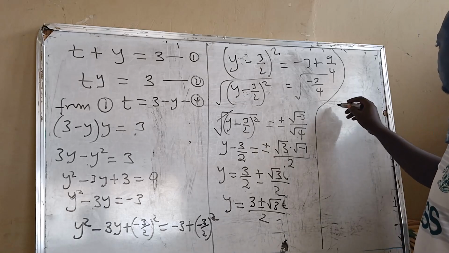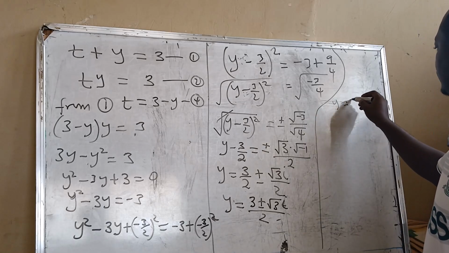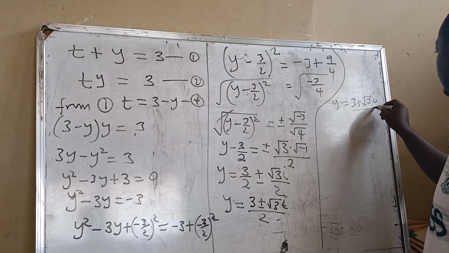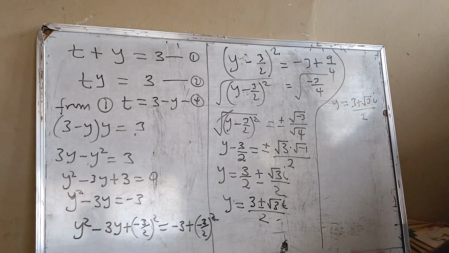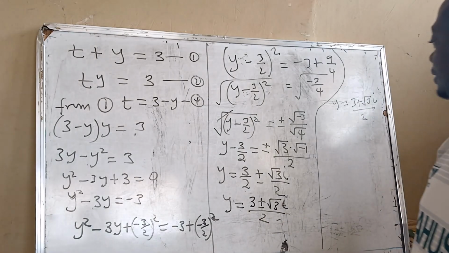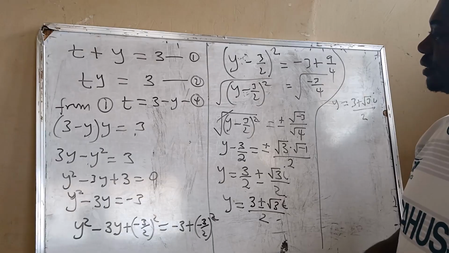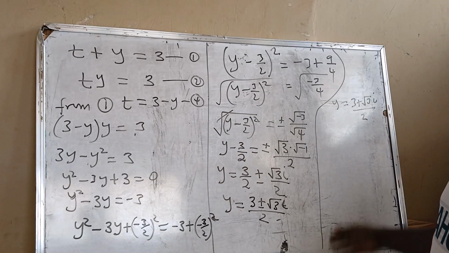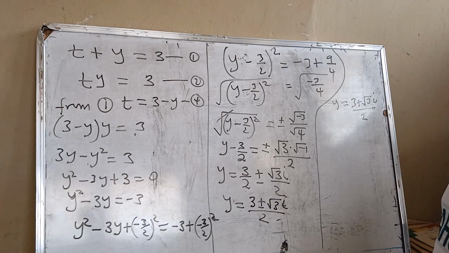When y is (3 plus root 3 i) on 2, what is t? We are done with y and left with t.